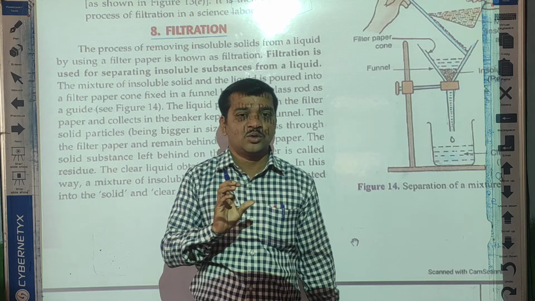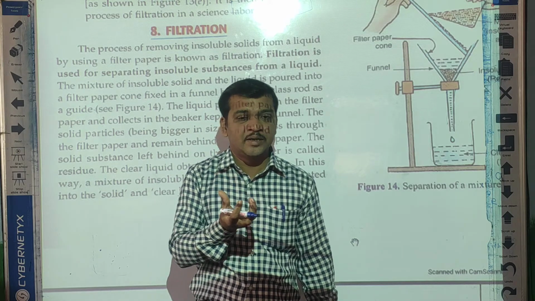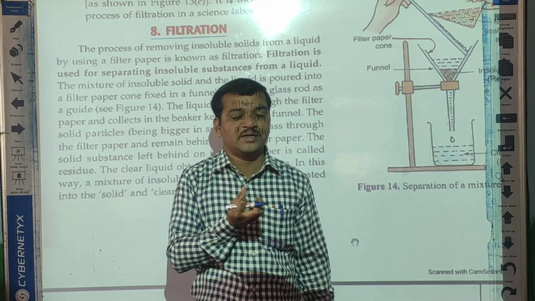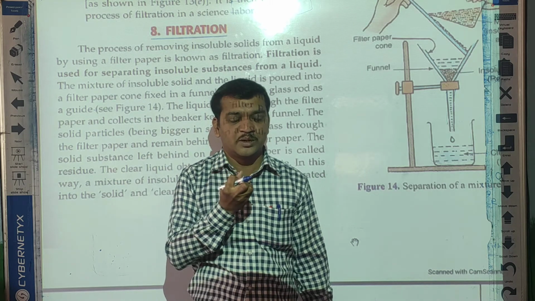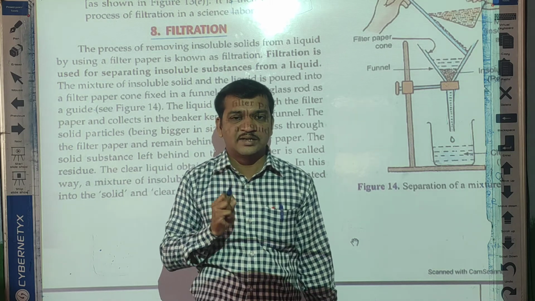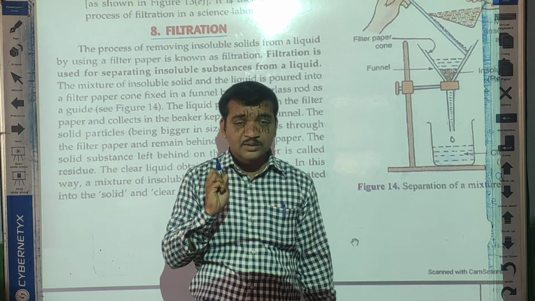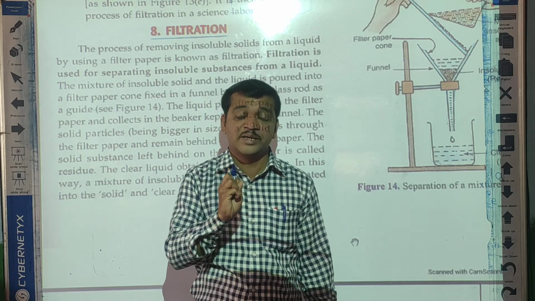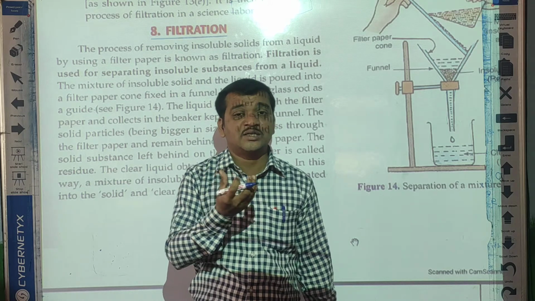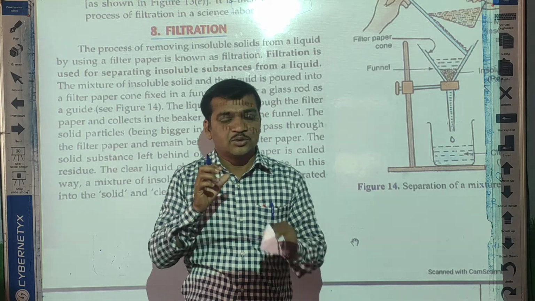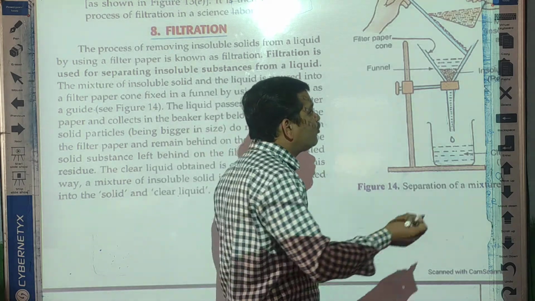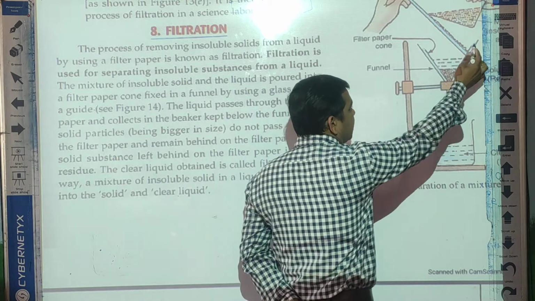The whole water becomes milky, because the chalk particles are solid and not dissolved in water, so they remain in the water and the water becomes milky. That milky water you can pour on this filter paper.